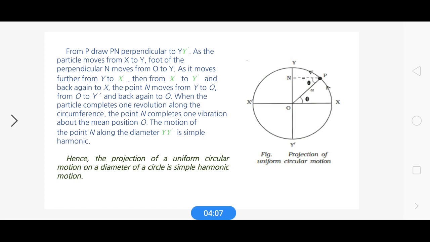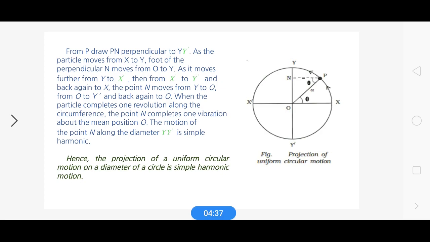So the foot of the perpendicular completes one oscillation along the vertical diameter. The particle makes one rotation, and the foot of the perpendicular makes one oscillation.